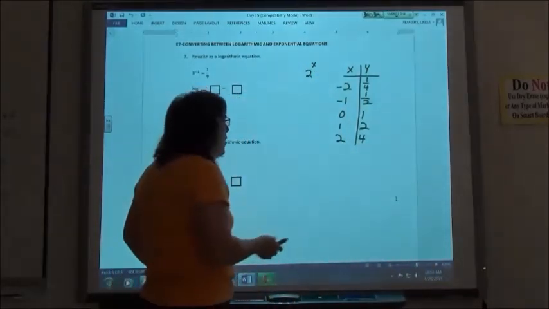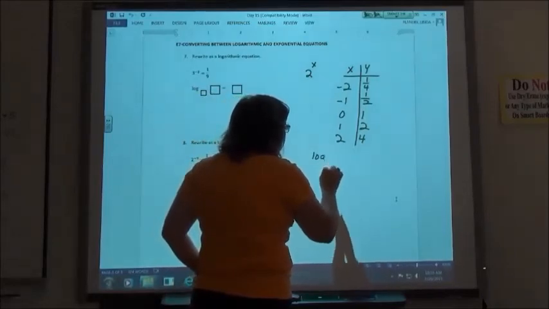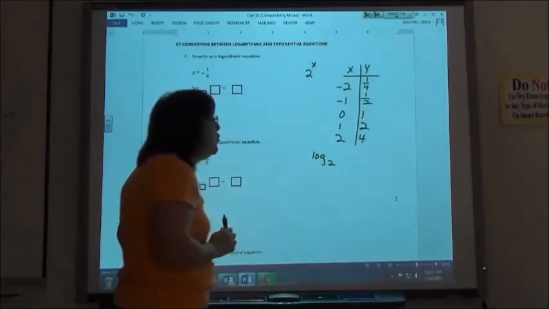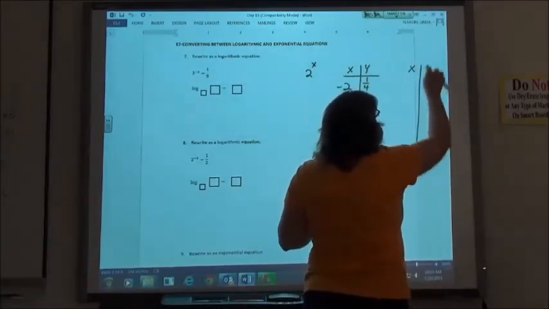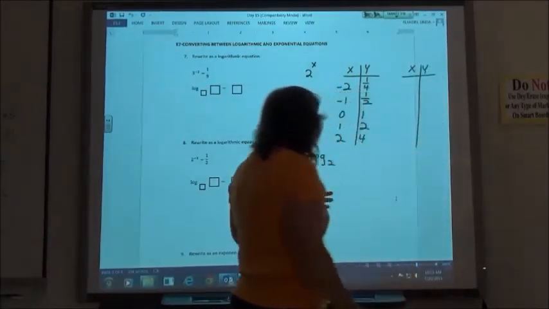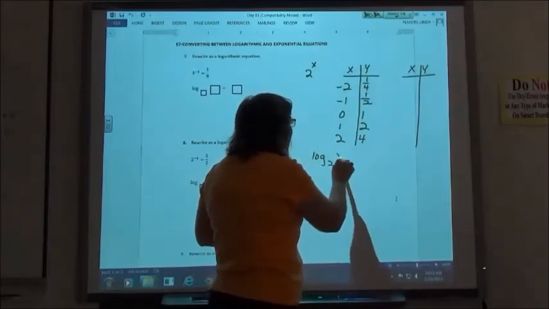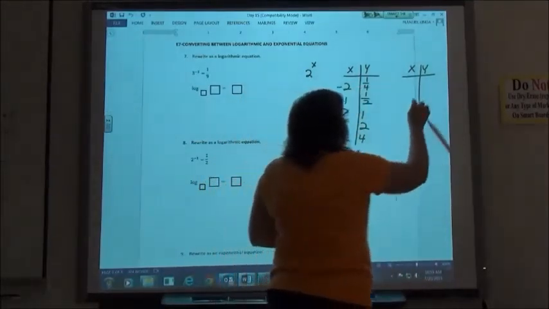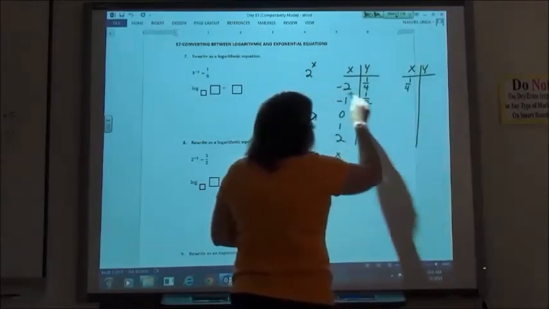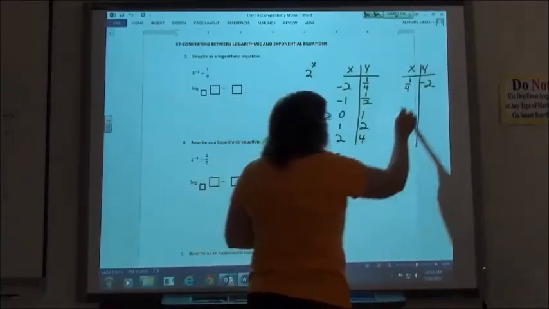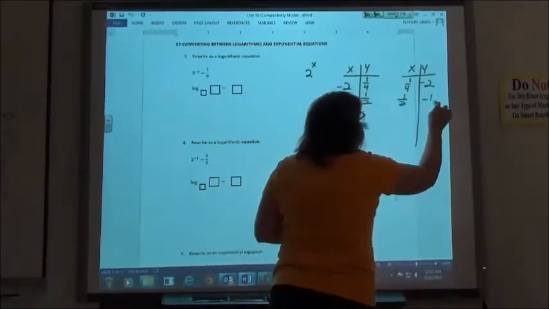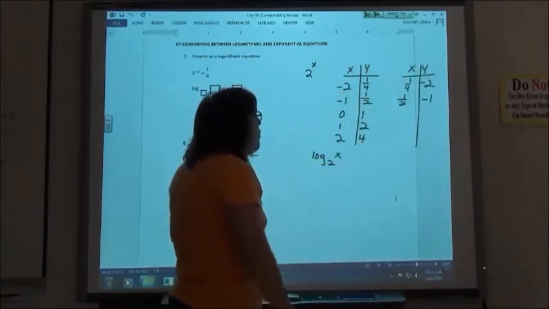If I had a logarithmic function with the base of 2, what I'm doing is switching my table. So if I had log base 2 of 1/4, my answer is going to be negative 2. If I have log base 2 of 1/2, my answer is going to be negative 1.